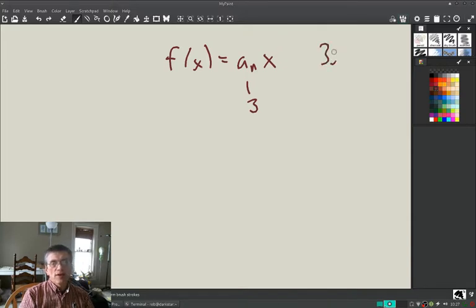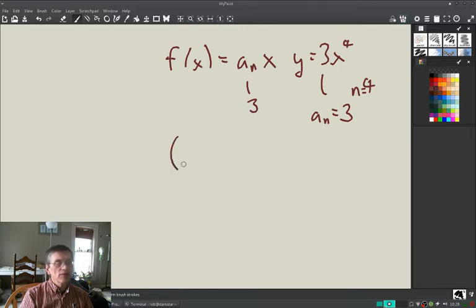So if you have 3x to the 4th, maybe that's your polynomial. In this case, n is 4, and a sub n, just showing you how these things line up, is 3. Alright, so that's how it fits into the general equation.